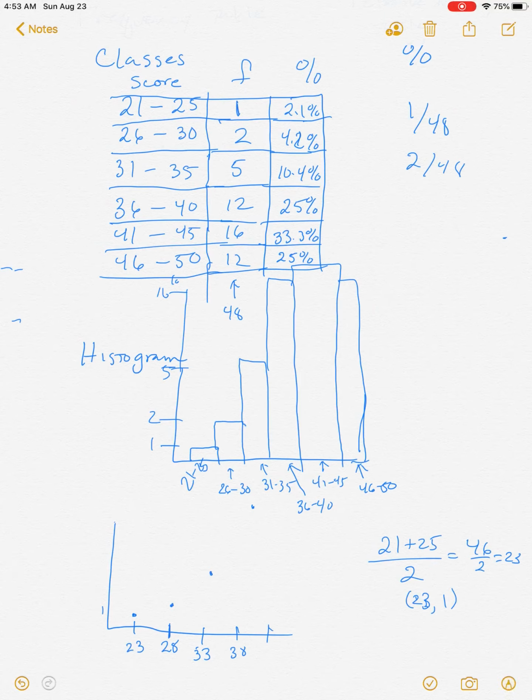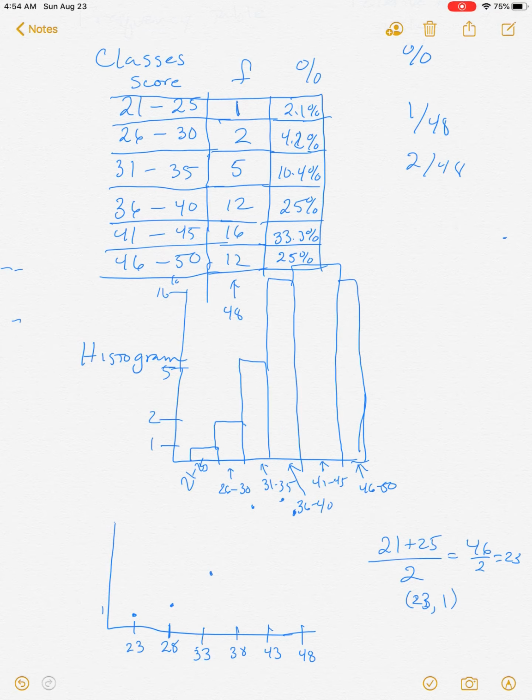And then 38 plus 5 is 43. And then I'm up at a height of 16, even higher. And then one last one at 48. And we're back down to a height of 12. Right? So that's what a frequency polygon looks like.